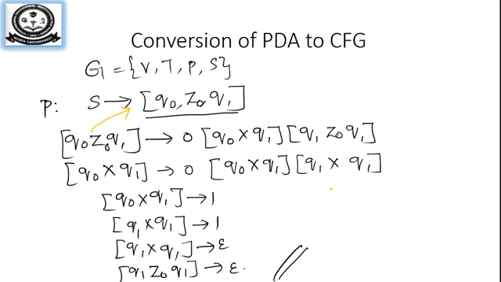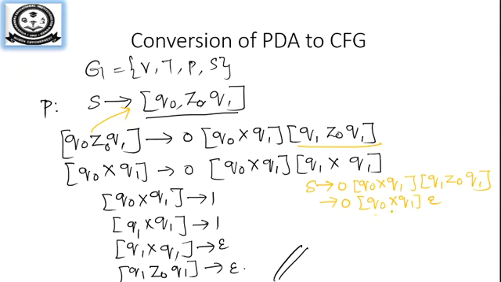So I will update S tends to 0 q0 x q1 and q1 z0 q1. We know q1 z0 is going to tend to epsilon, because you can see q1 goes to epsilon. So we will update the rule: 0 q0 x q1, I will write epsilon for our understanding.